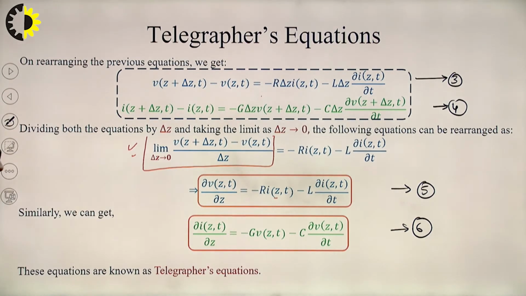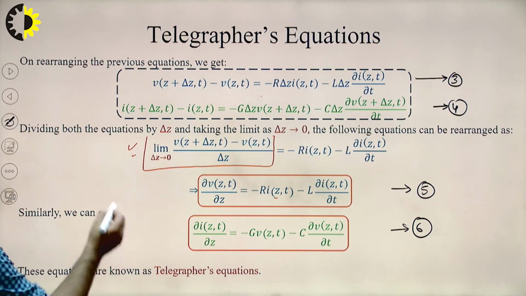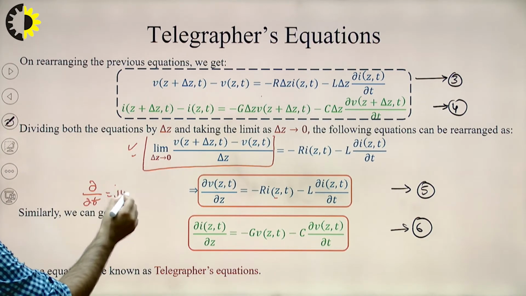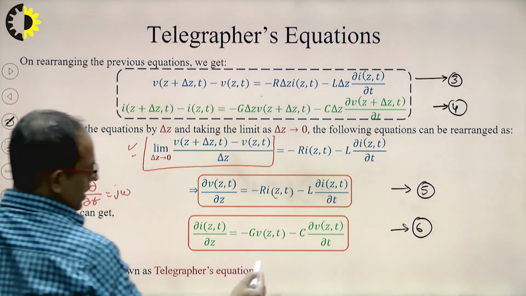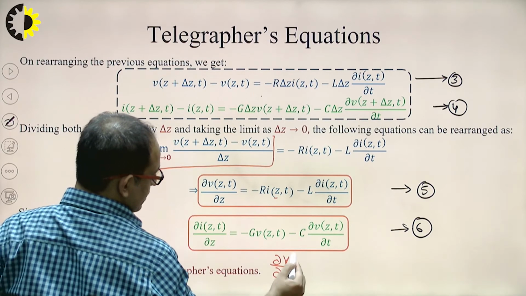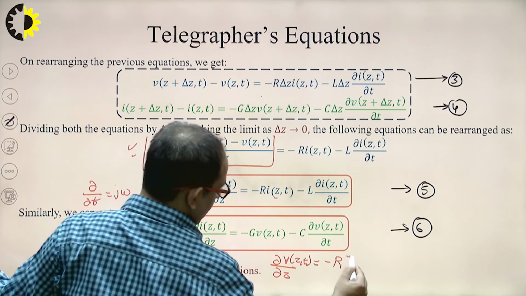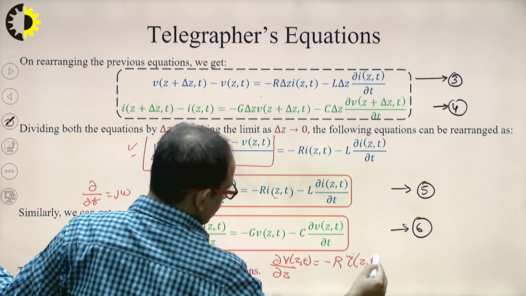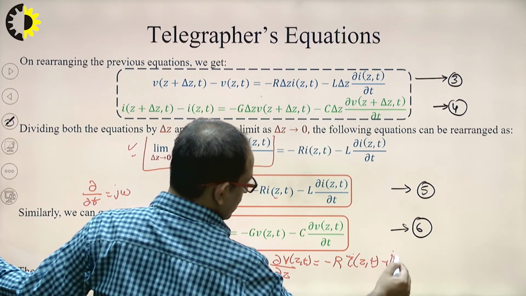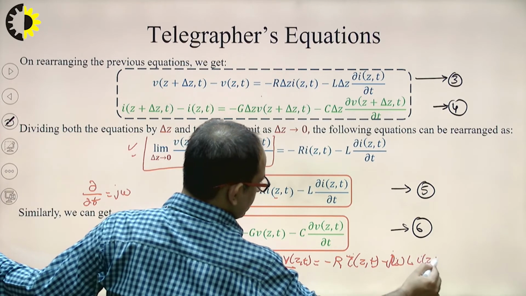Now see this one, if I say del by del t is equal to j omega, then I can say that del V by del z will be equal to minus of R into j omega L I of z comma t.